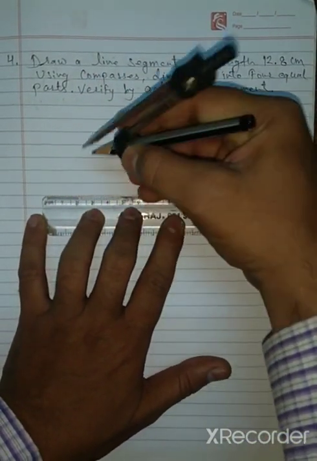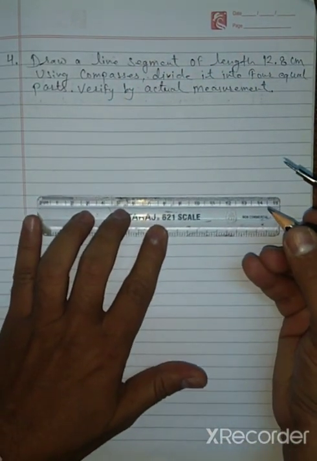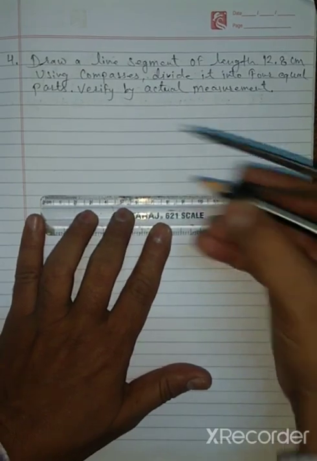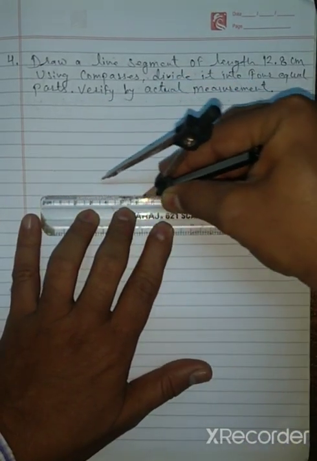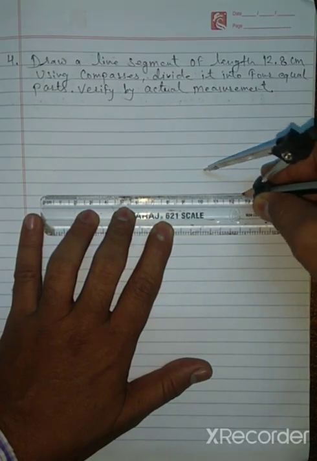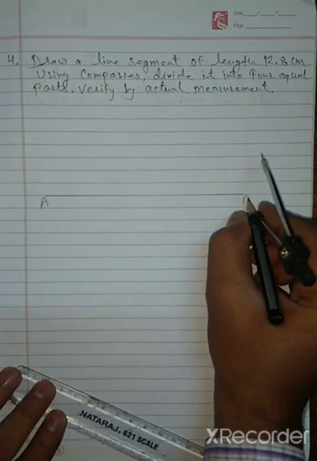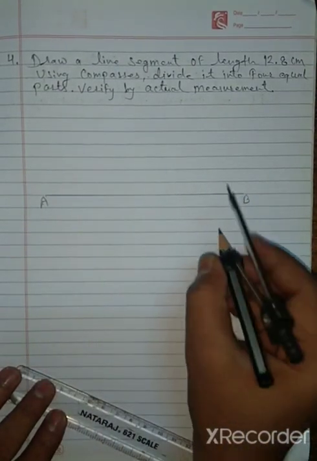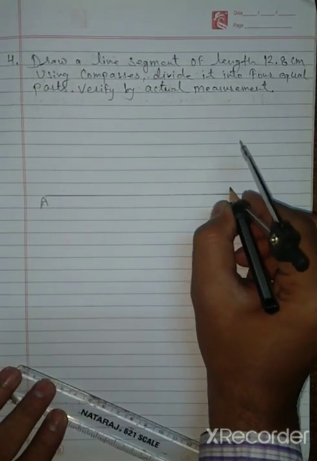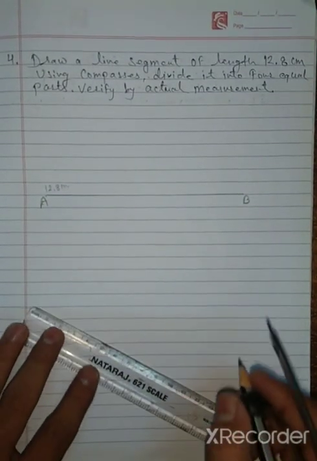With the help of a ruler we will measure. So here we will draw a line segment of 12.8. Name these points A and B. Here you can see the total length is 12.8 centimeter.